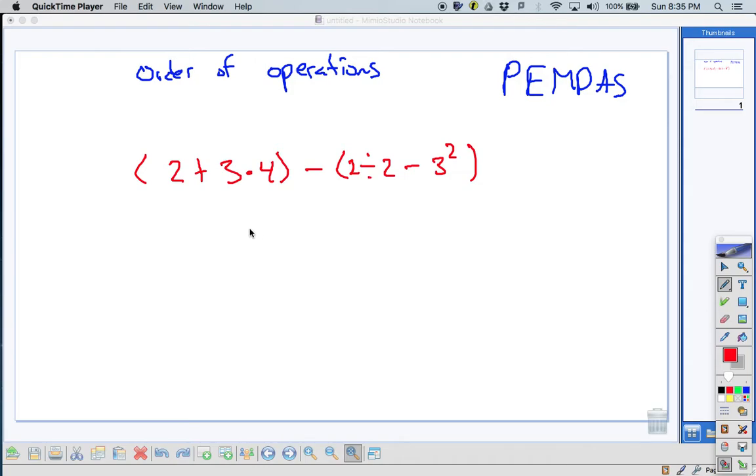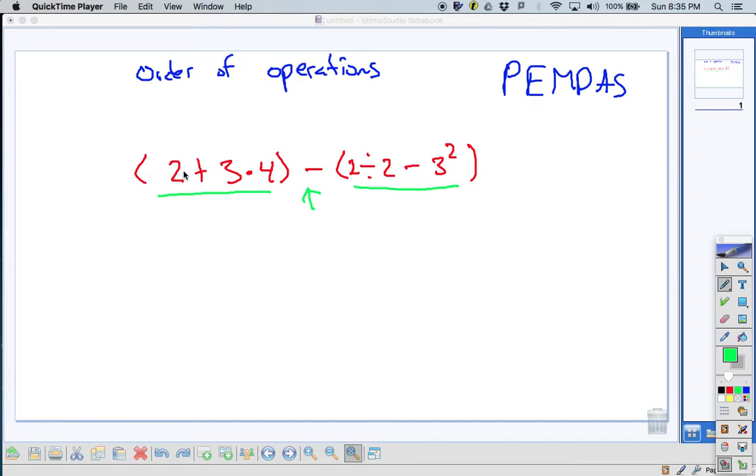So the first thing, the P, is parentheses. So I need to do everything inside the parentheses. What that is saying is that I am first going to do everything inside this set of parentheses, and then I've got to do everything inside this set of parentheses. And only then, once those 2 things are done, can we go back and deal with this subtraction sign.